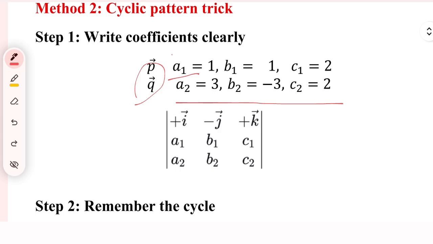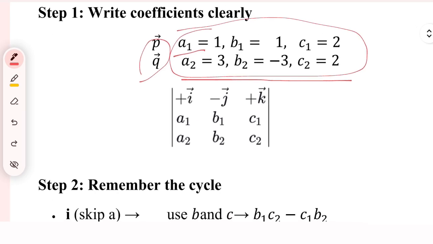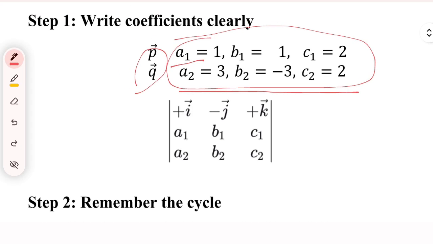Why do we need to write everything down? Because the next step would involve determinants. Once we have A1, B1, C1, A2, B2, C2, we will write a determinant like this.